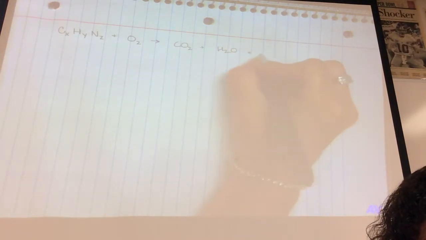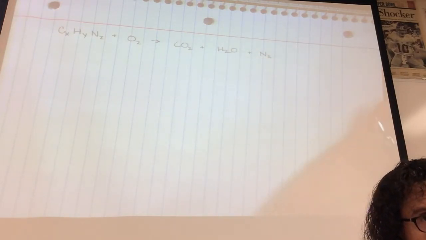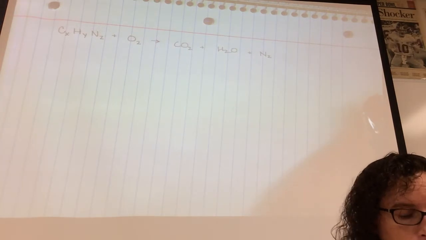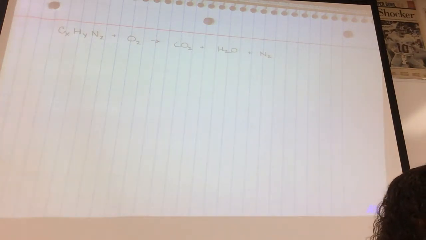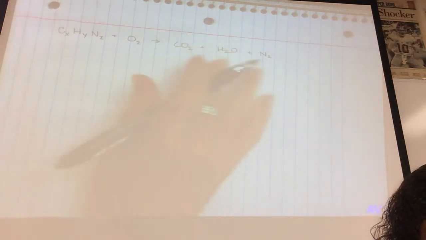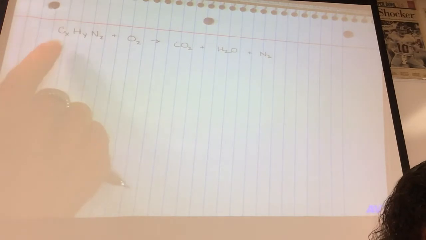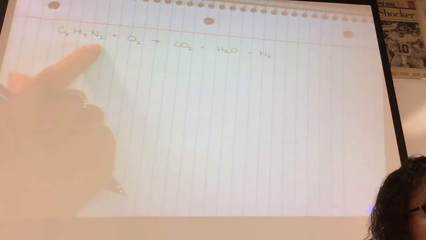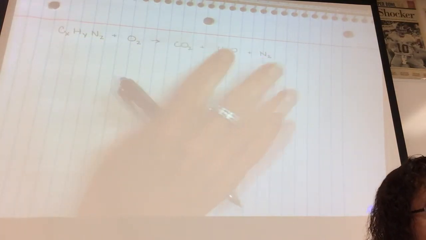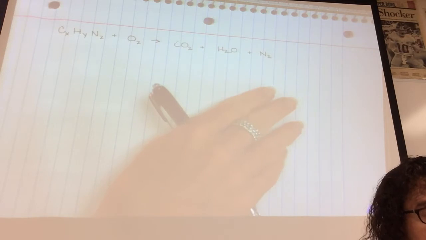In this case, it's nitrogen gas. It can be ammonia as well, NH3. How do you know which it is? It tells you. You don't have to worry about O because it's not in the compound. Now you could have a compound with 4 of them, but if you have 4 of them, they'll probably give you the mass of one of those elements or the percent to make life easier.